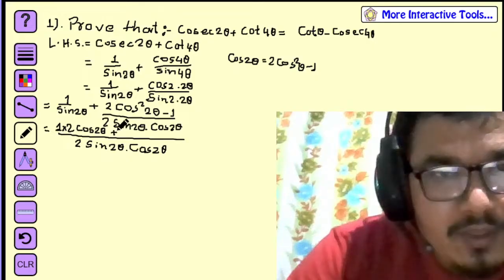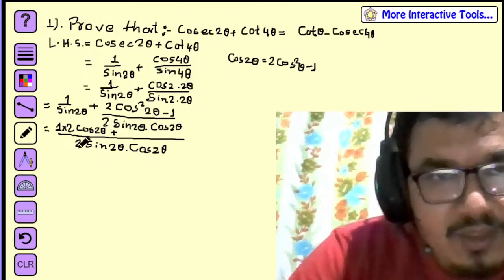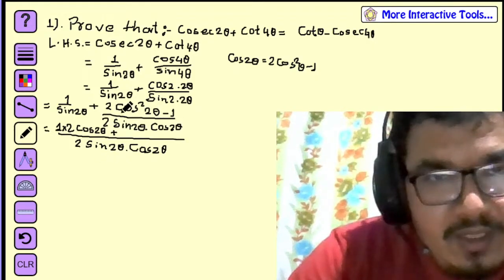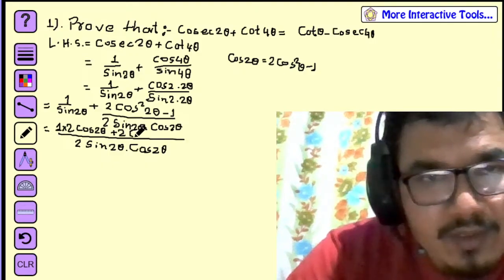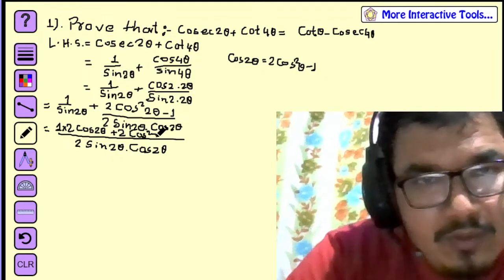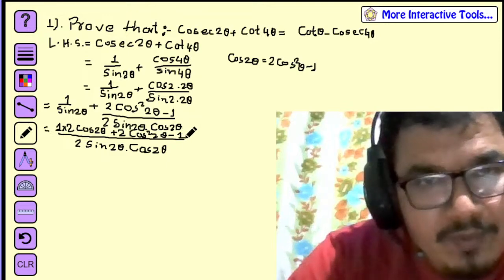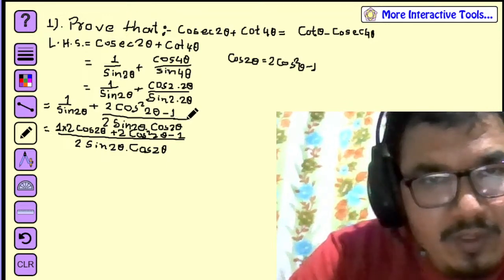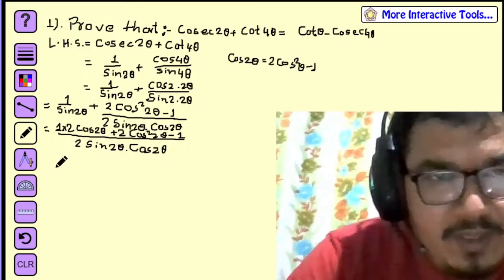And plus, since the second term already has the LCM as its denominator, the numerator remains the same: 2 cos square 2 theta minus 1.